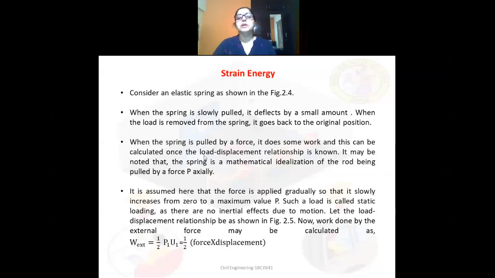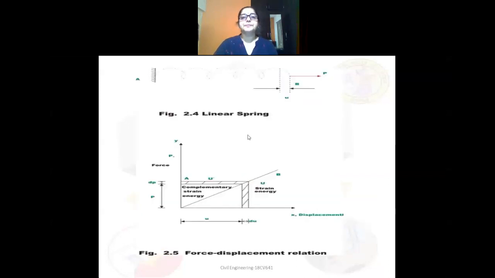It may be noted that the spring is a mathematical idealization of a rod being pulled by a force P axially. So if this spring is pulled by an external force P, due to this external force some amount of work is done on the body.